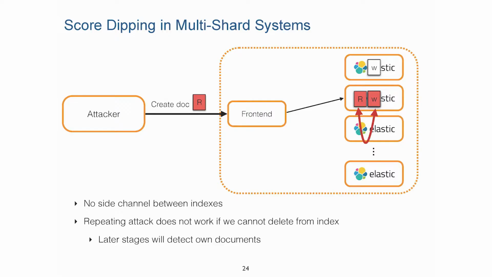We can't distinguish from the input-output behavior here which of these two cases we're in. If we revisited an old shard where we wrote WN, and recall we can't delete it unless we're willing to wait 24 hours, or we visited a new shard that happened to contain the victim term that somebody else wrote in. And so what will happen is that in the later stage, we'll detect our own documents, and that's a problem.